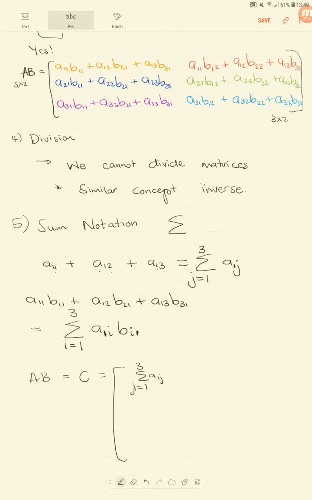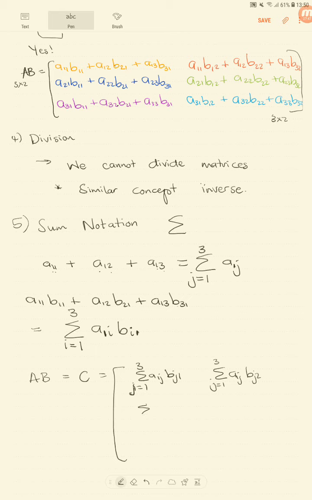Let's make it j so it's clearer and not confusing with 1. The sum of j equal to 1 to 3 of A1j Bj2.